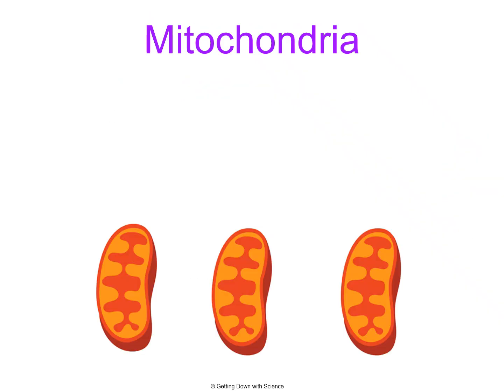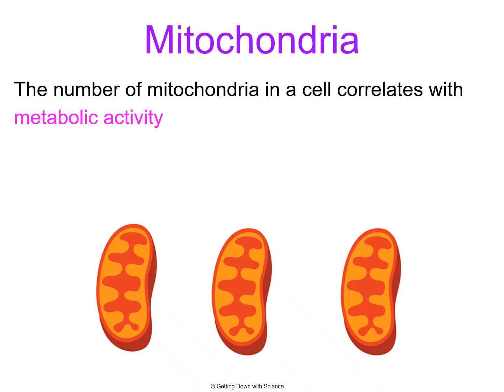All right, so as I mentioned earlier, the mitochondria is the site for cellular respiration. So this is where energy will be synthesized. There is a correlation between the metabolic activity of a cell and the number of mitochondria that the cell has. If a cell has a high number of mitochondria, then we're expecting that cell to have a high metabolic activity.